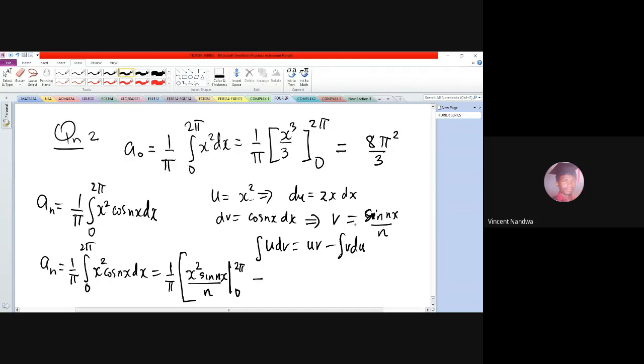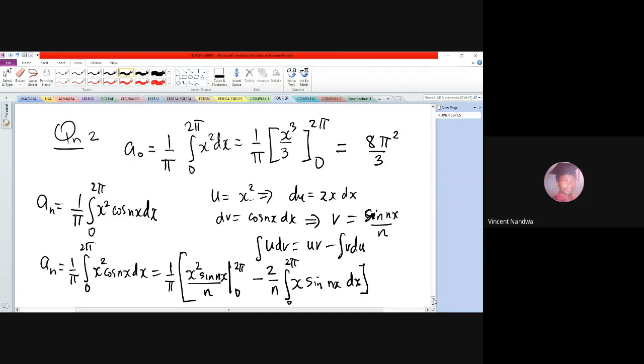I factor out 2 over n, integral of x sine nx dx, at limits 0 to 2 pi.